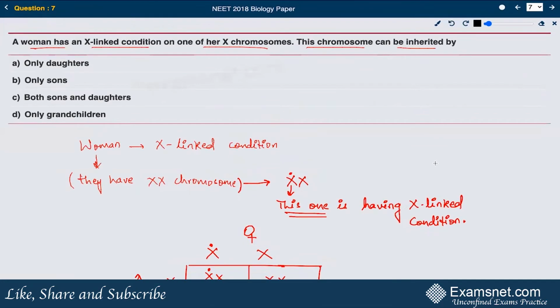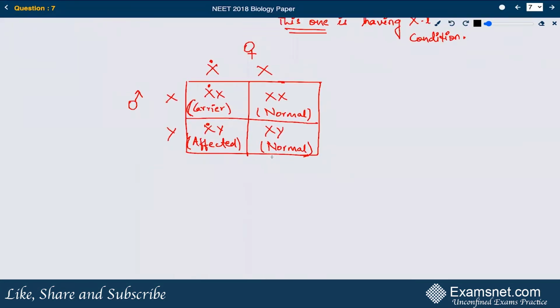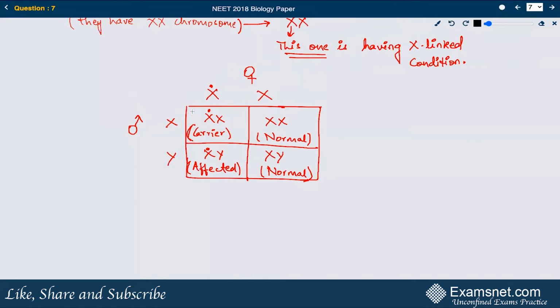If you look into the options, it is saying that this chromosome can be inherited by only daughters? No. Only sons? No. Both sons and daughters? Yes. Only grandchildren? No. So this is the carrier daughter who is carrying that particular condition of the mother, and the son will ultimately be affected.